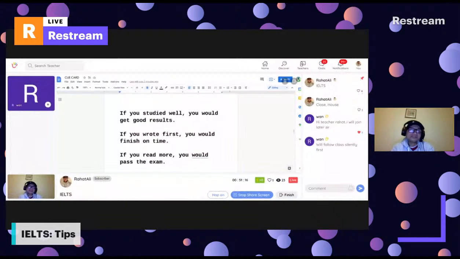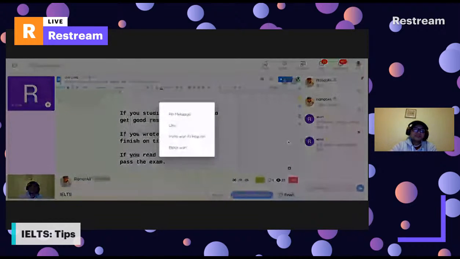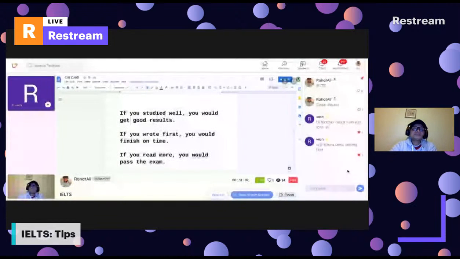We're going to finish the conditional sentences, conditional 3 or third conditional. So I was giving some examples of second conditional. If you wrote first, you'd finish on time. Okay, if you read more, you'd pass the exam.